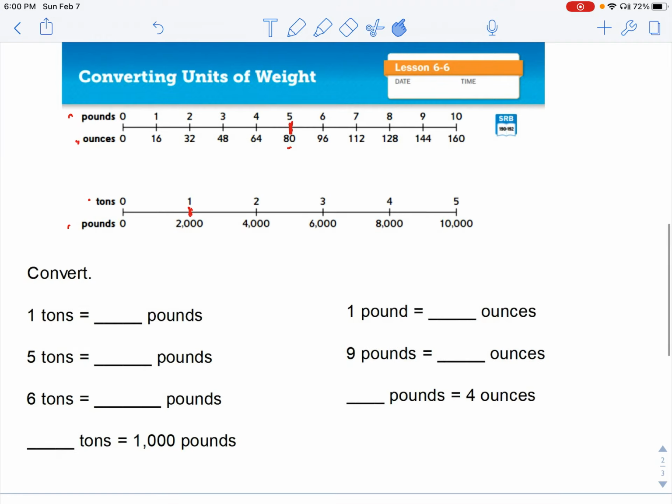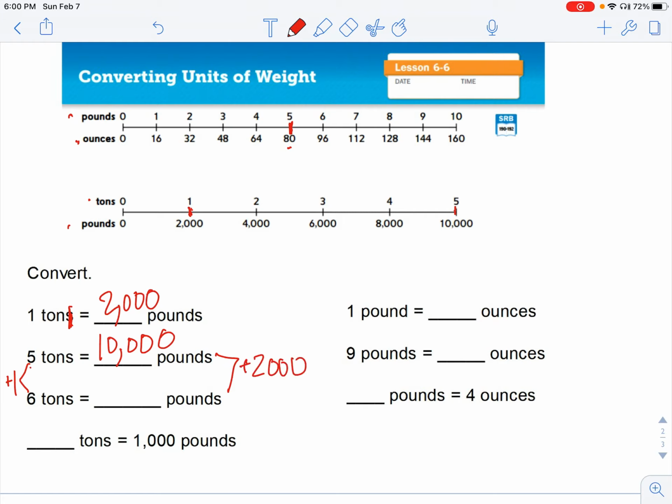So we know 1 ton is the same as 2,000 pounds. So 5 tons, I could use my conversion scale for this, would be 10,000 pounds. Then I need to think, 6 tons, what would that be? Well, if 1 ton was 2,000 pounds, I could just simply add 1 more ton, so that means I'll add 2,000 more pounds.